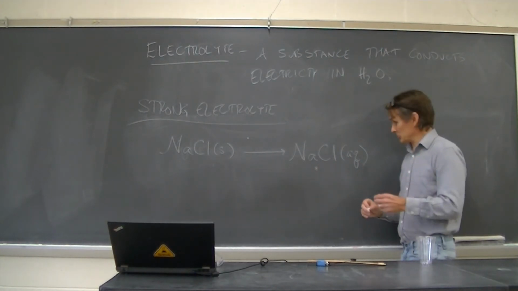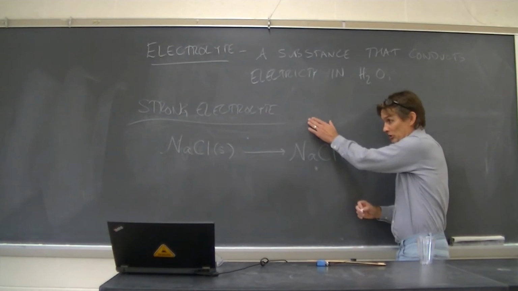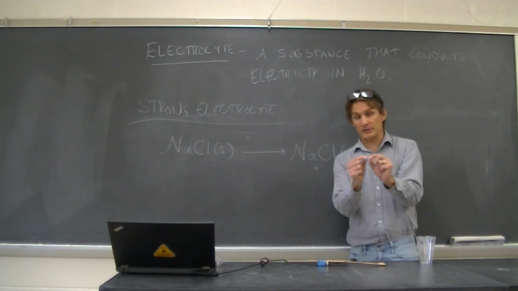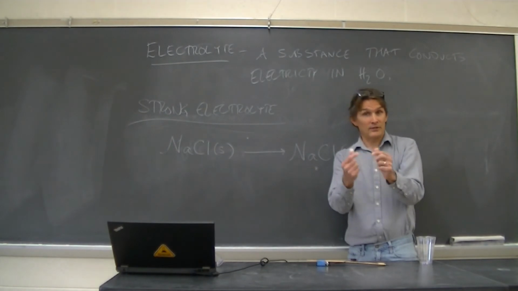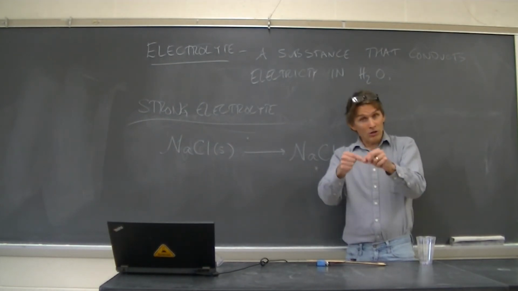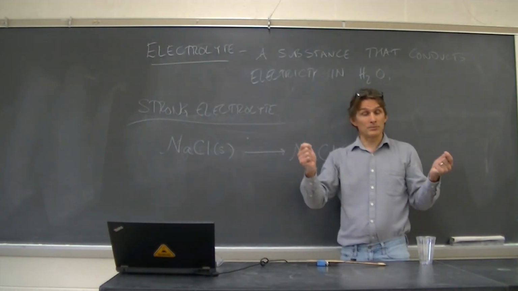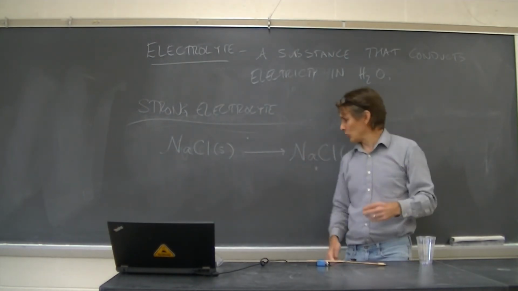But it's important to note that when the strong electrolyte sodium chloride dissolves, there are no sodium and chloride ions still stuck together in the solution. All of them separate and form dissolved individual ions.